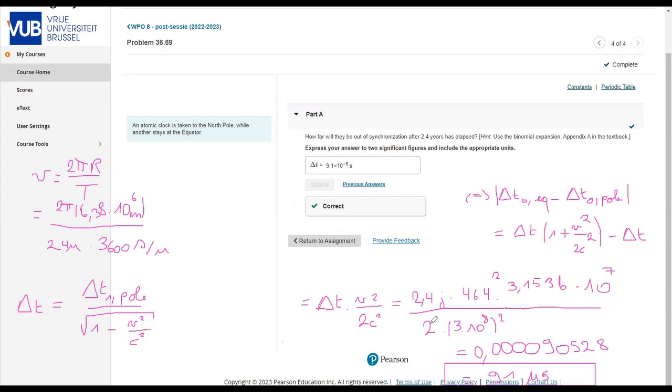Then divided by 2 times the light speed, and it gives me this one. So I just put the units like this, and then I write it here like 91, and it gives me this one. We can also just write this and you will be fine.